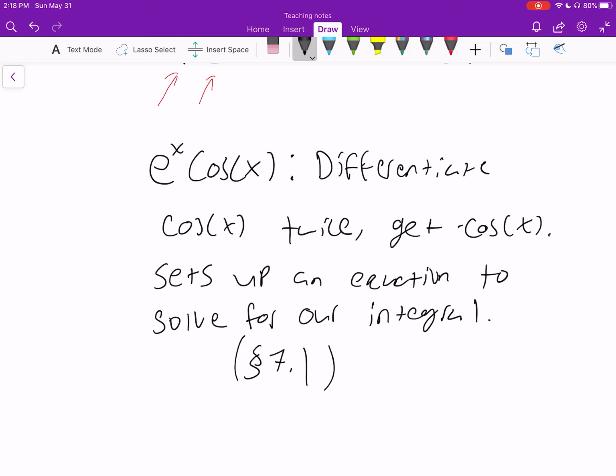And so that's what we're looking for. Can I differentiate one thing, integrate the other thing, and end up at some point with the same thing again? So I can differentiate cosine twice and get negative cosine. If I keep integrating e to the x, I'm going to keep getting e to the x, and that allows me to get an equation to solve for.